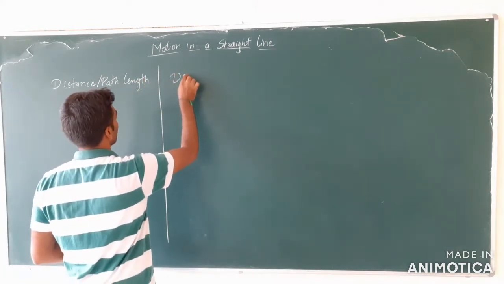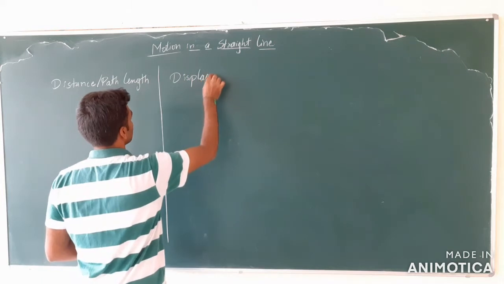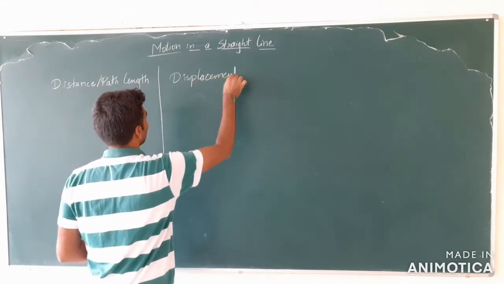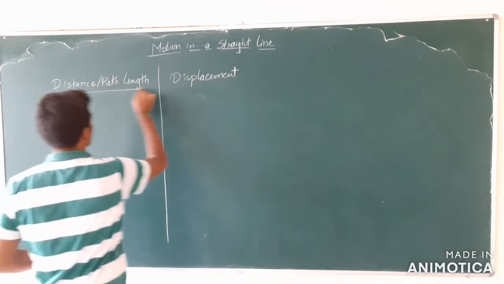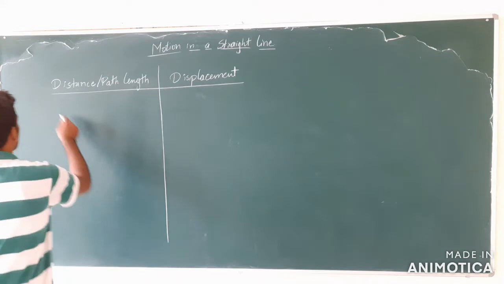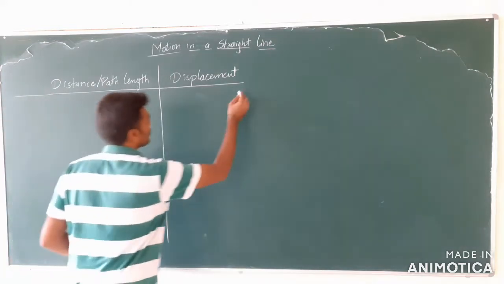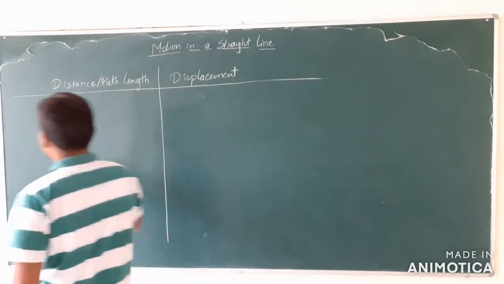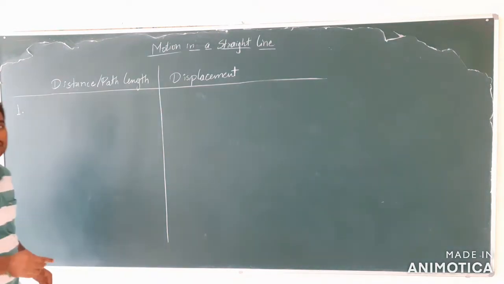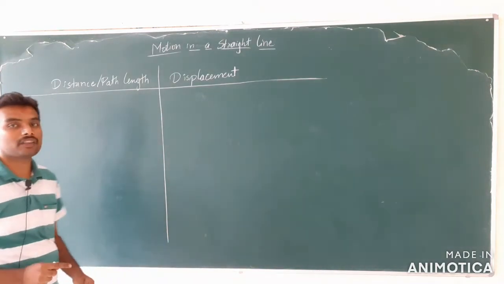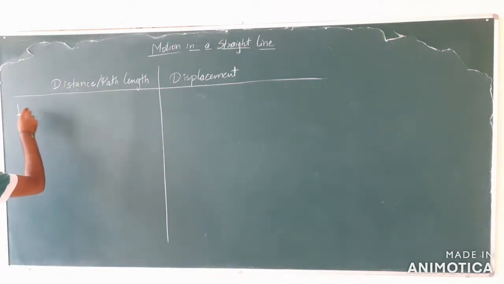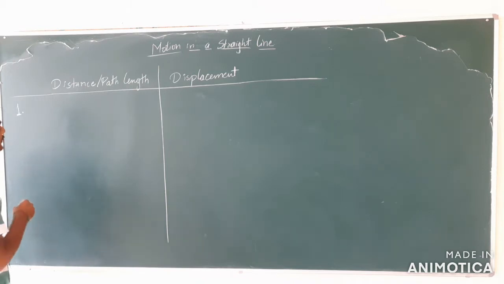And displacement, you need to memorize at least 3 differences between distance and displacement. One of the differences, the first one, is as follows. Very simple. You always take the definition itself as the first difference of the quantities chosen. So what is the definition of distance?